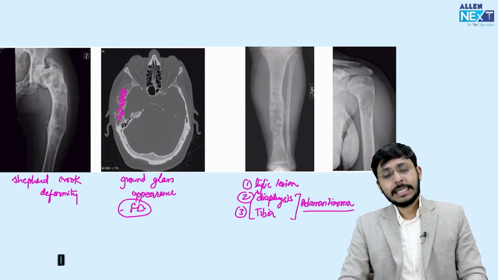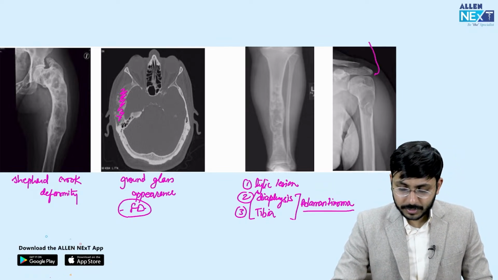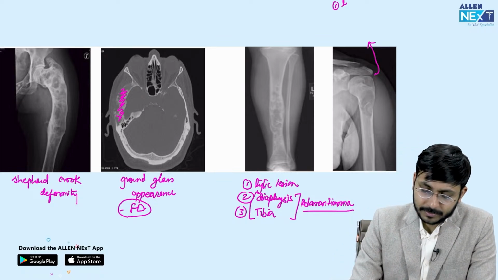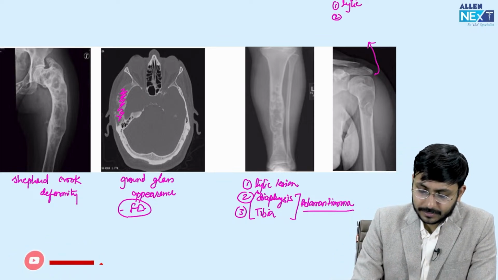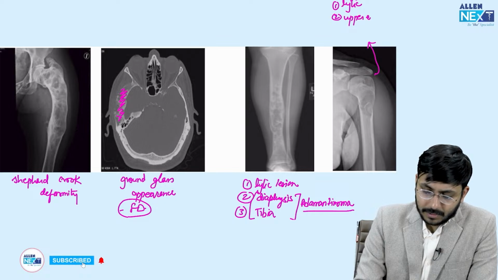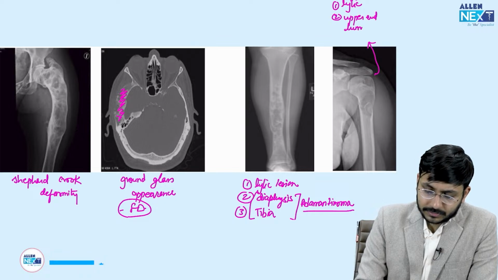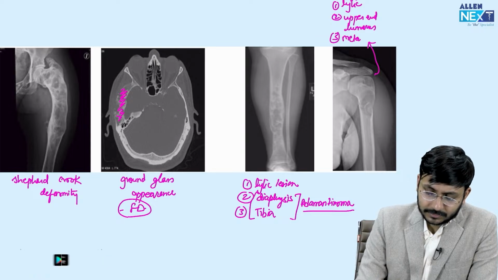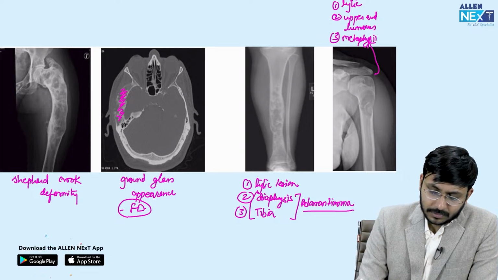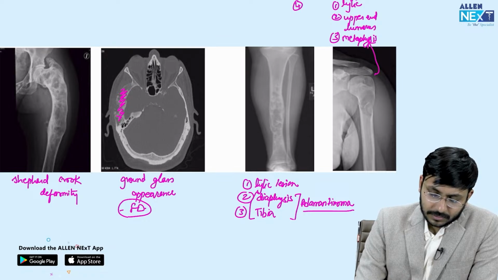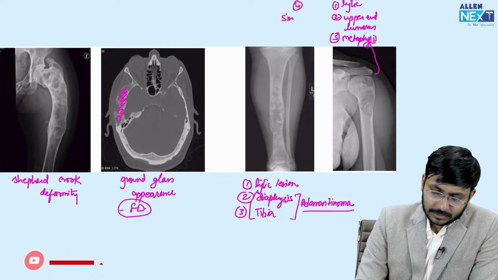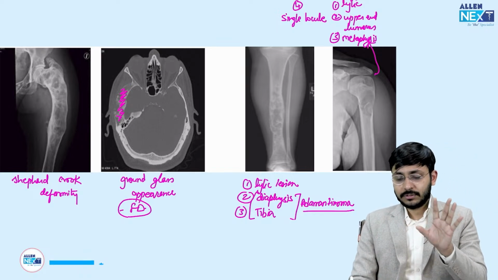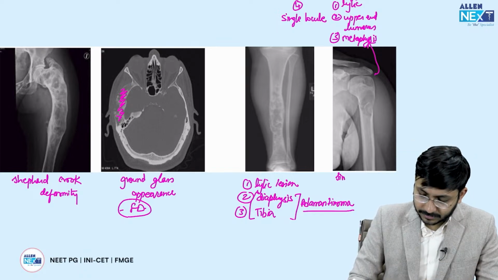Similarly, if there is a lytic lesion in the upper end of humerus, the buzzwords being lytic, upper end humerus, metaphysis, and single locule, that is a unilocular cyst, so this will be a simple bone cyst.